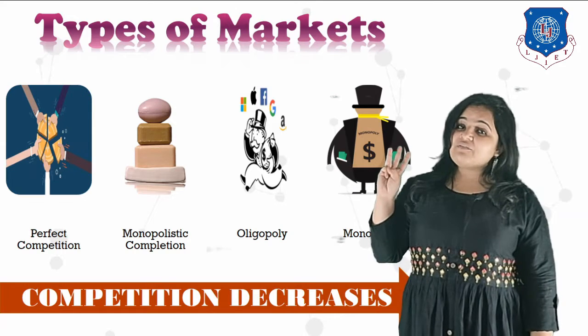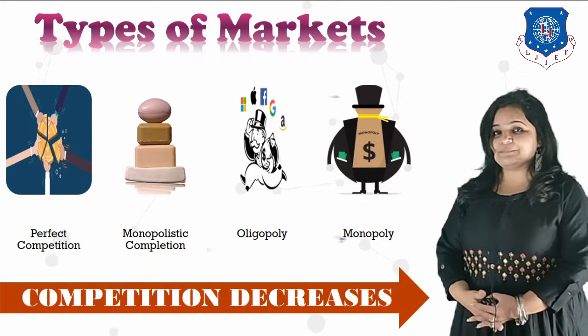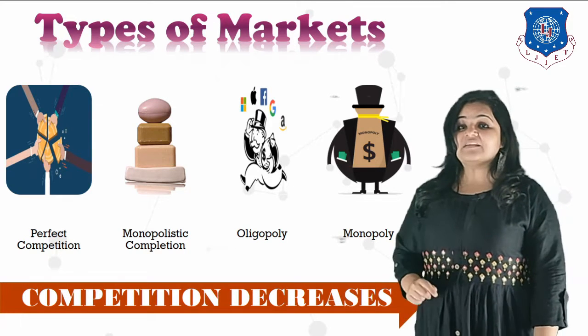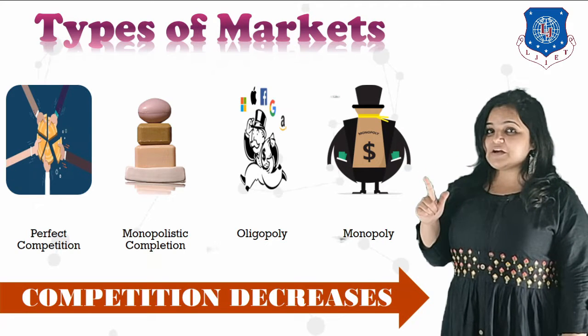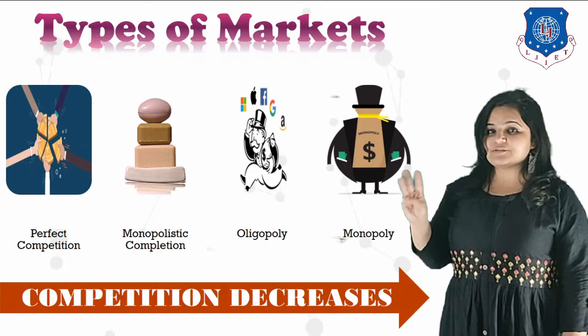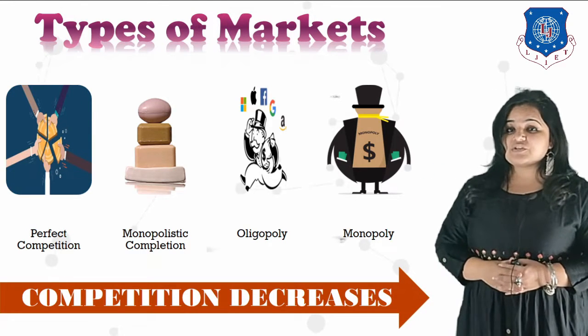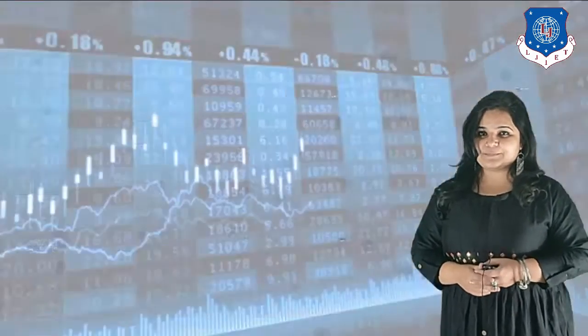After that, we have oligopoly. And last but not the least, we have monopoly. These are four types of markets which you can find in any economy. These four types of markets will be studied in much detail here by us.